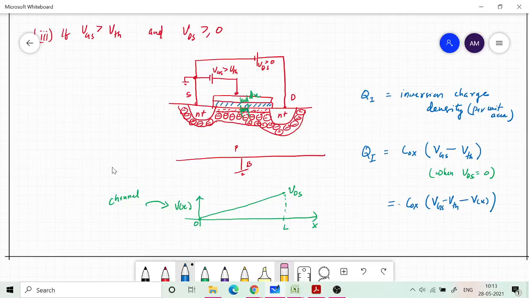Now I can consider a small infinitesimal distance dx, and find out what is going to be the charge in that region. So dq, or dqi.